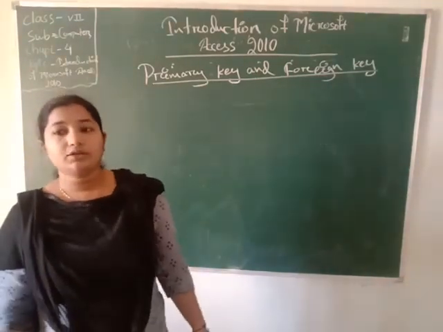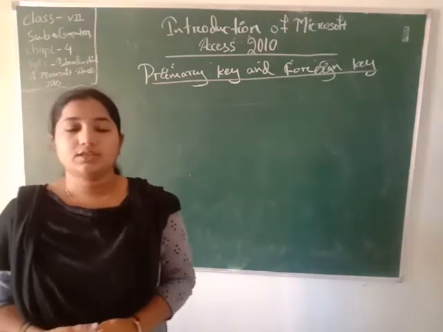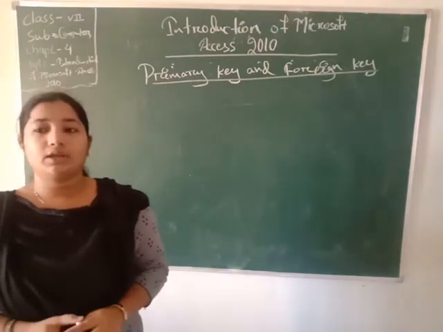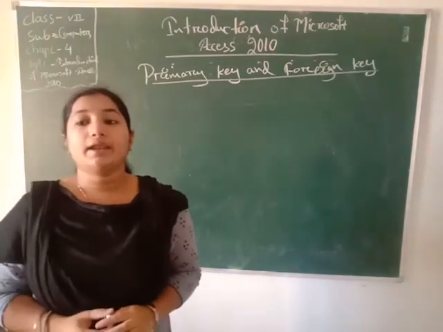A good candidate for a primary key has some characteristics. The first is that it uniquely identifies each row, and the second is that it is never empty.